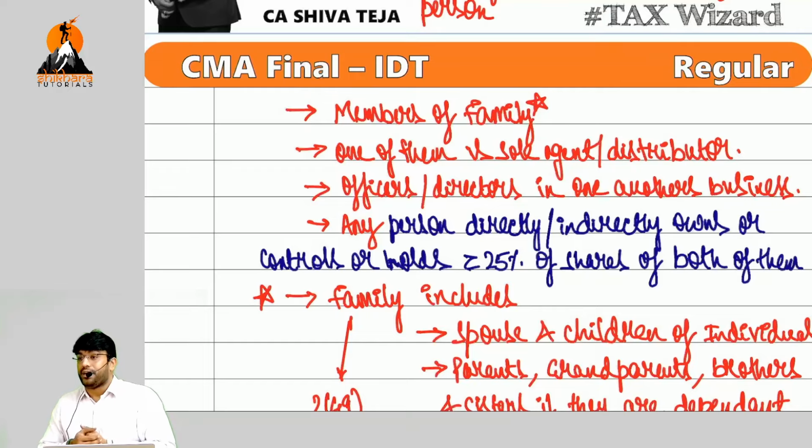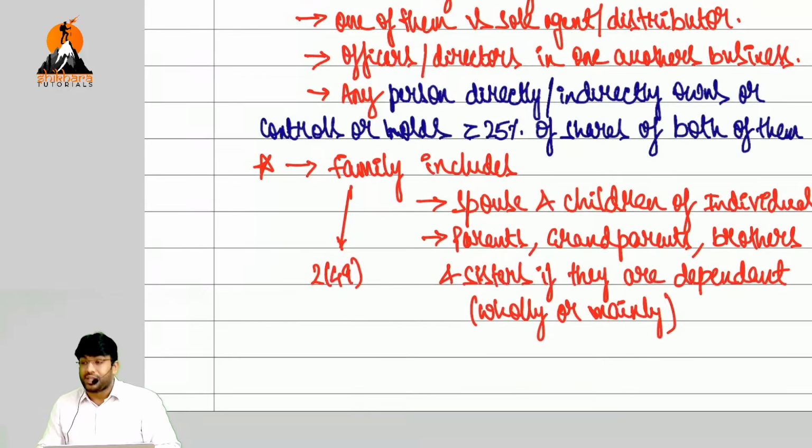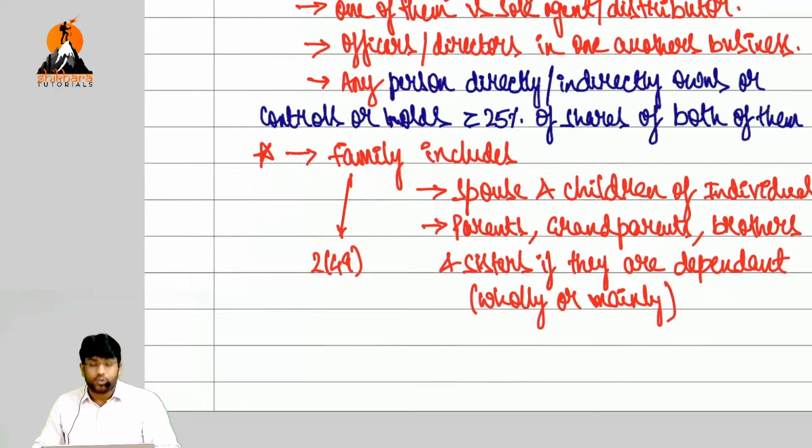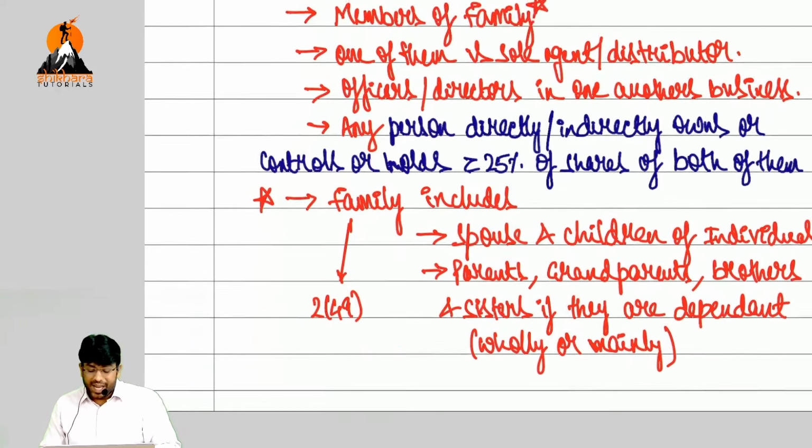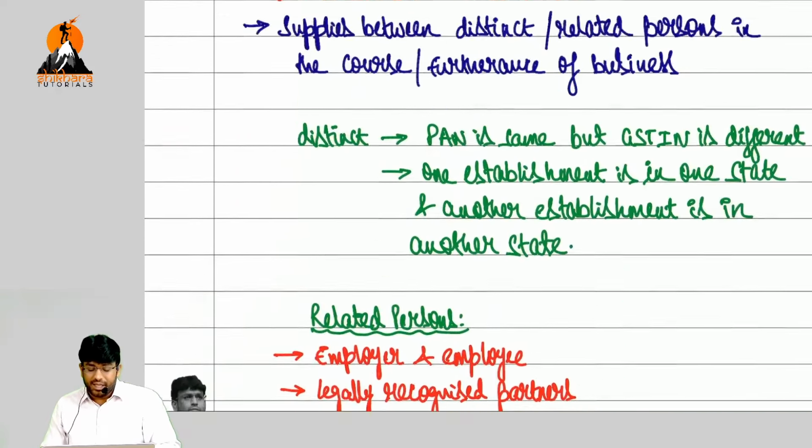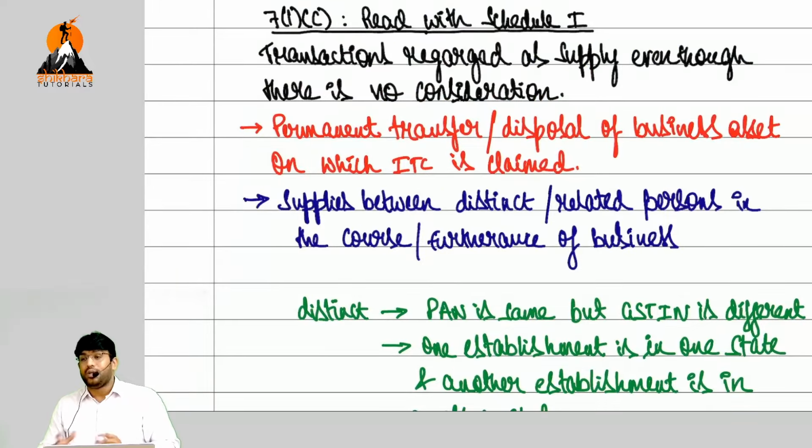So getting clarity on this point, everybody? So these are all the cases of what persons, my dear friends? Related persons. And family includes what? Spouse and children. Then parents, grandparents, brothers and sisters. Only if they are dependent. How dependent that too? Wholly or mainly dependent. Exactly. Friends, are we all getting clarity?